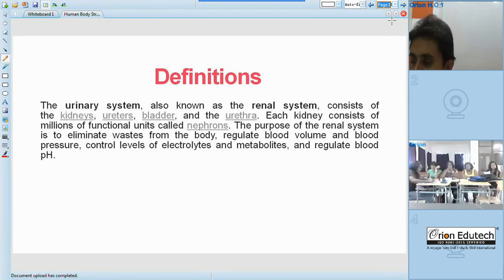The purpose of the renal system is to eliminate waste from the body, regulate blood volume and blood pressure, control the levels of electrolytes and metabolites, and regulate blood pH. So you can write down the definition of the urinary system.